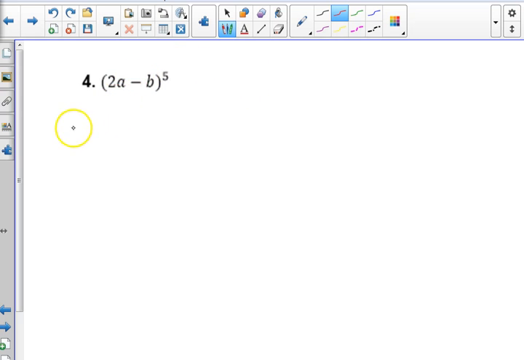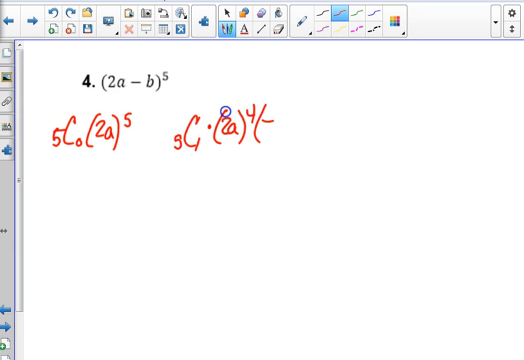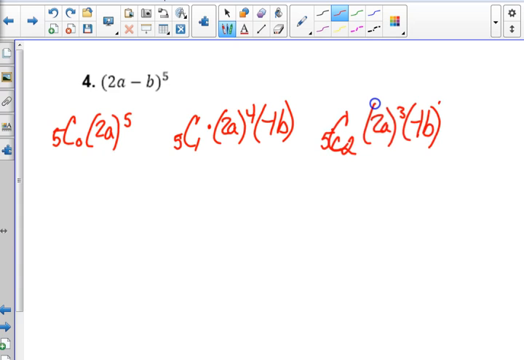Okay. If I were writing this out, I could do this. 5C0, 2a to the 5th. 5C1 times 2a to the 4th, negative 1b. And then that's supposed to be a 5. I could write 5C2 times 2a to the 3rd times negative 1b squared.